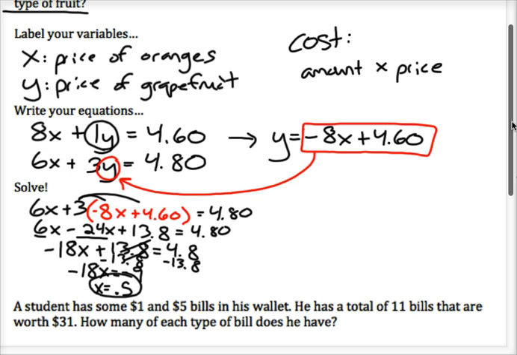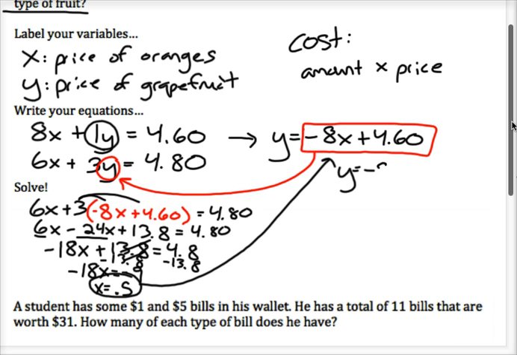Now, as you know, we are not quite finished yet. We have our x, but we don't have our y's. So what we need to do, we're going to go and we're going to plug this in to the box that I already made. Because by plugging that in, I'm going to be able to solve for y.